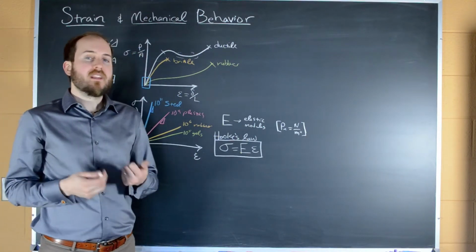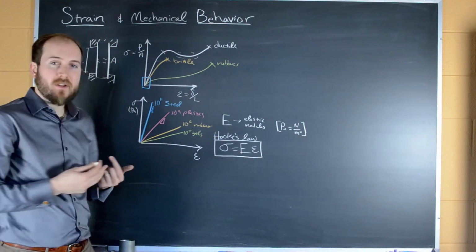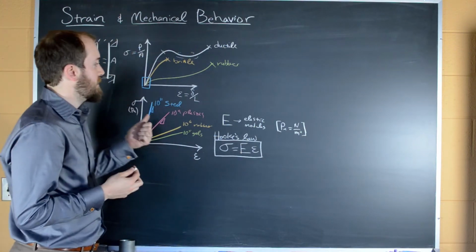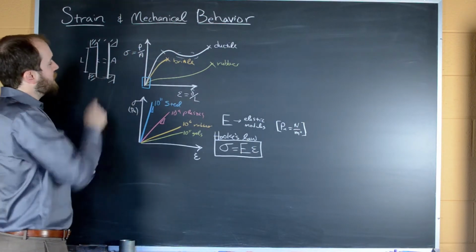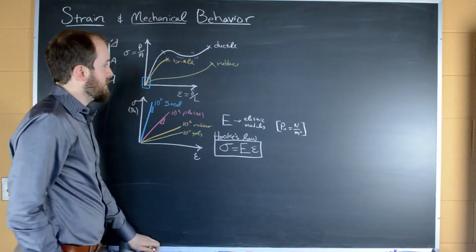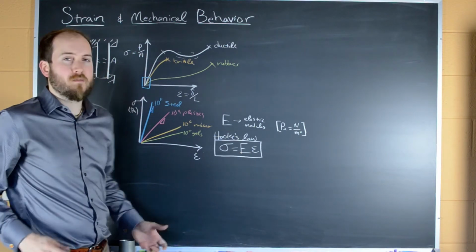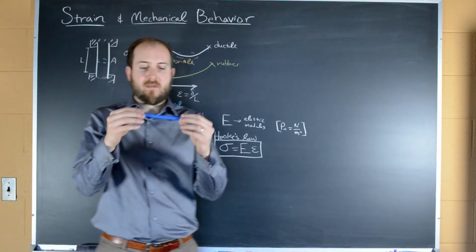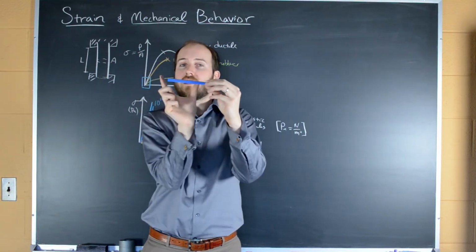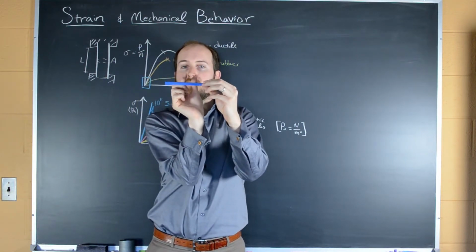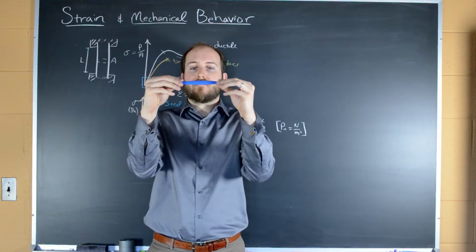So one thing that we've kind of swept under the rug, if you will, for a lot of these discussions is the fact that in reality, when you pull on an object or push on an object in one dimension, it actually deforms in all dimensions. And so take, for example, this little toy finger trap. If I compress this, we know that it's going to get shorter in this direction, but also watch what happens.